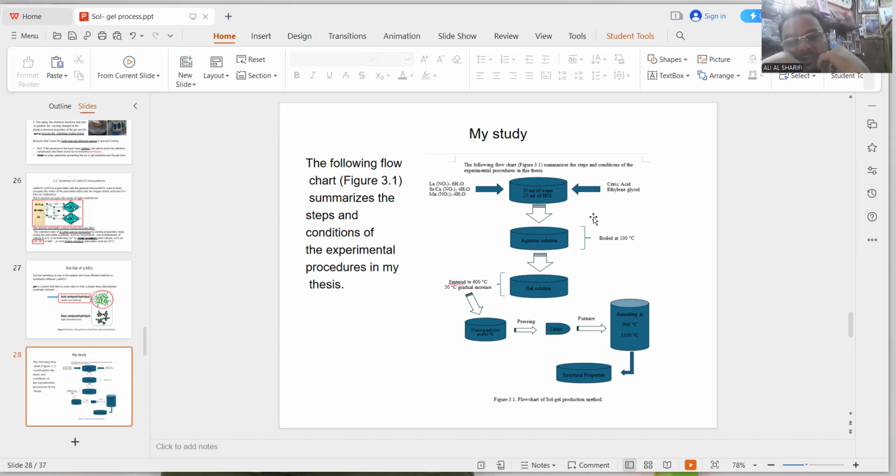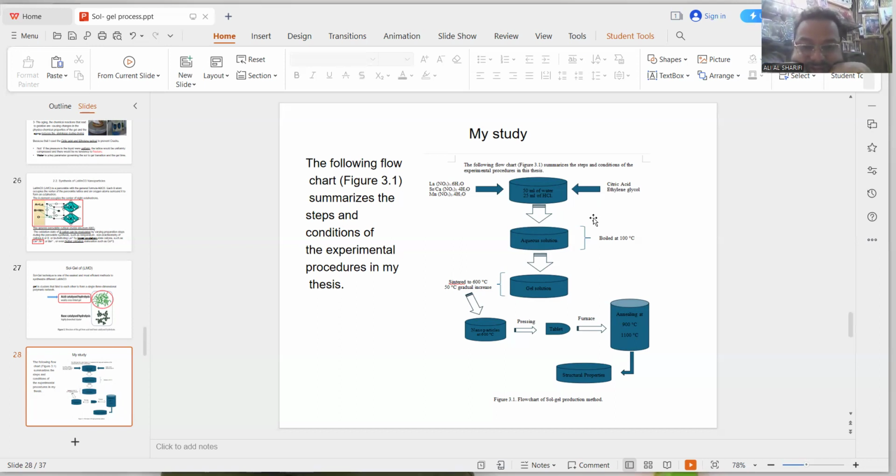I put in these two agents to prevent cracks and to be sure the structure would bond successfully. This produces an aqueous solution, heated at 100 Celsius and increased a little bit to produce wet gel and convert it to dry gel without cracks.